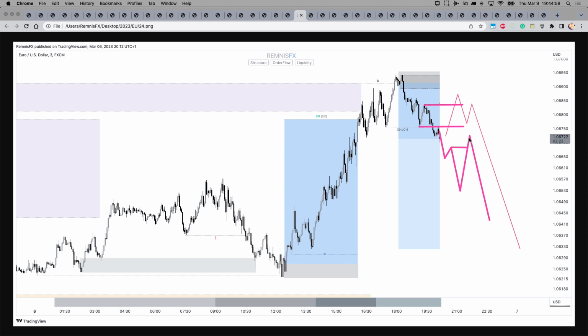So you don't have to wait until price eventually comes here, so you may miss your entry, right? Either again here or like that. Right? Before, again, breaking this low.